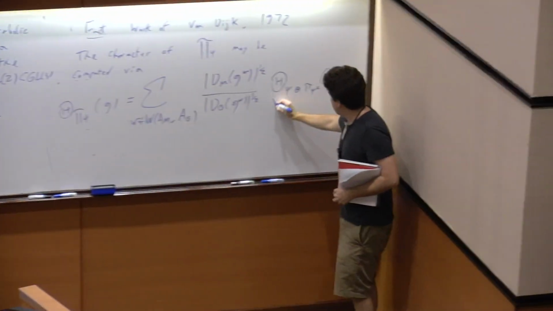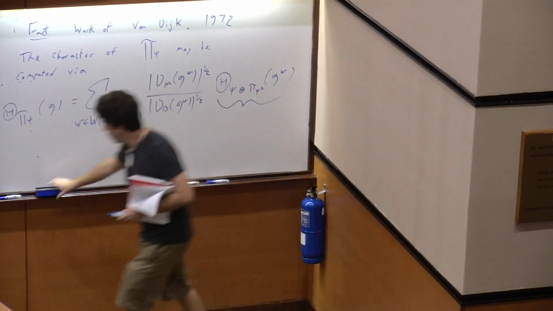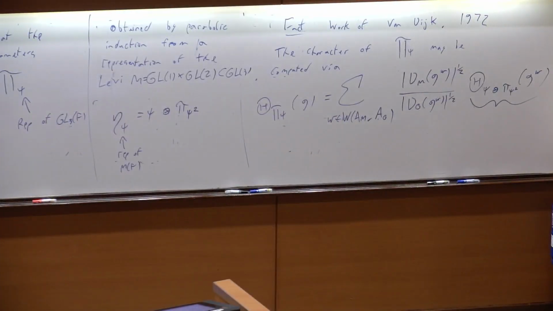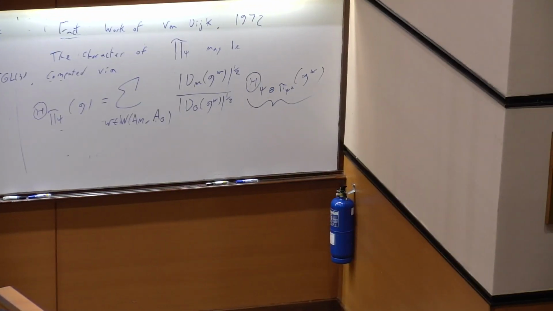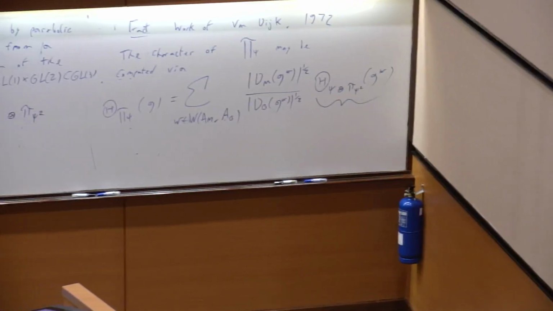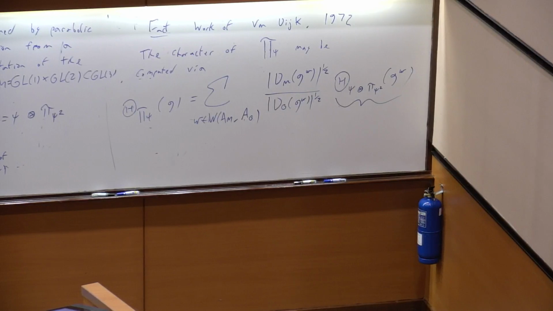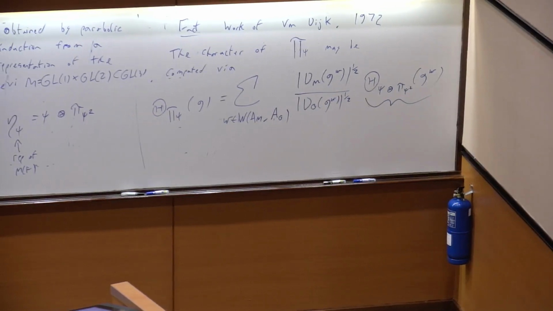that, what is this guy here? Well, this I can simplify further, because how does it work? Let's say you have some element g, given by some lambda in GL1 and some mu in GL2.